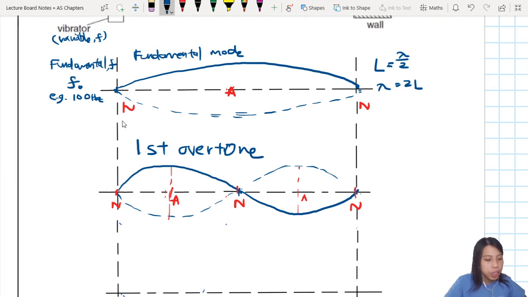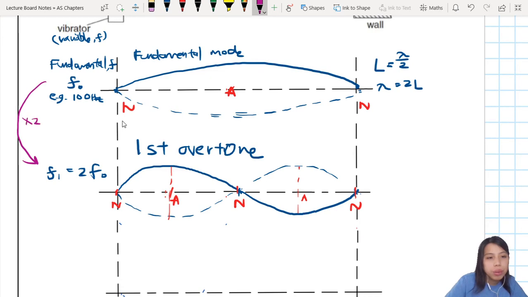This is times 2, because before that it was 1 lumpy thing, now there's 2 loopy things. So your first overtone frequency will be 2 times your fundamental frequency. So if you use 100 Hertz at first, then this one becomes 200 Hertz.